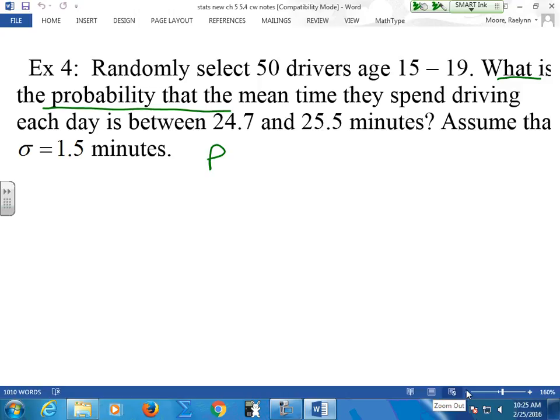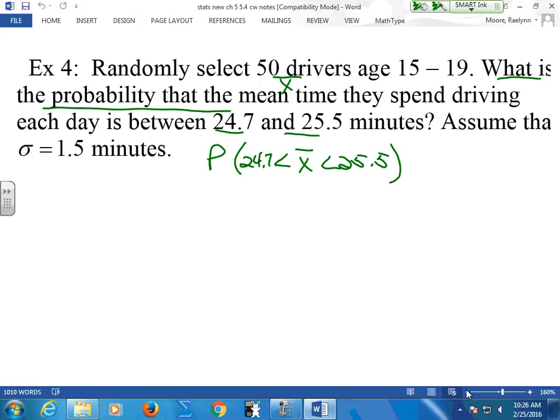A percent, a decimal that I can convert to a percent or leave it in a decimal. I want to know the probability that the mean time spent driving each day is between these two numbers. So my x bar is between these two numbers.